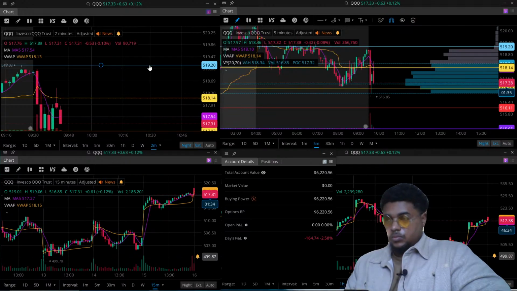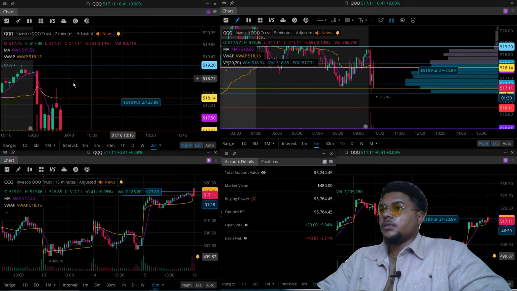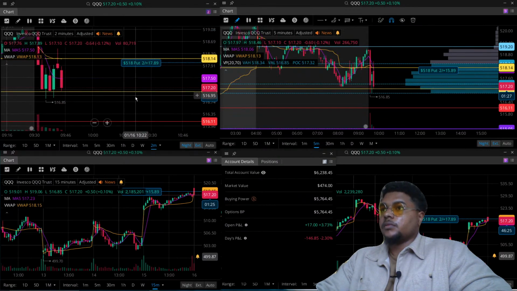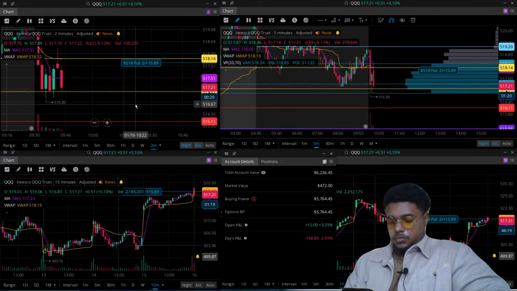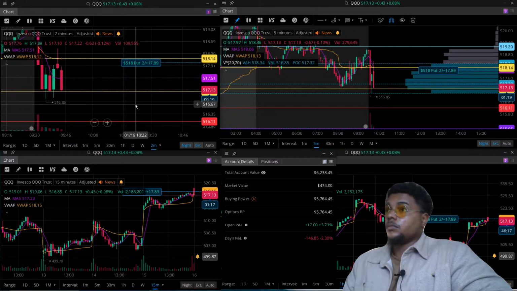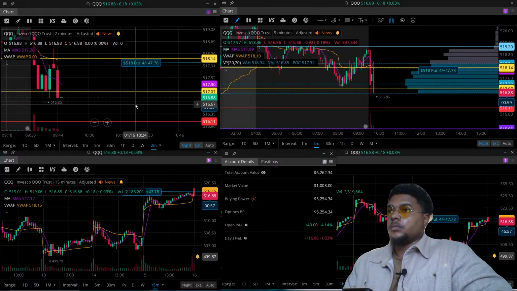Two. Seems like a very weak area, so I'm expecting it to break down and maybe hit this area here. Add two more.